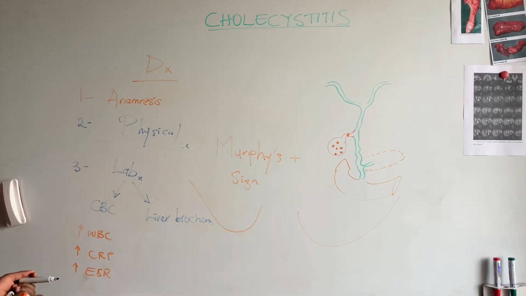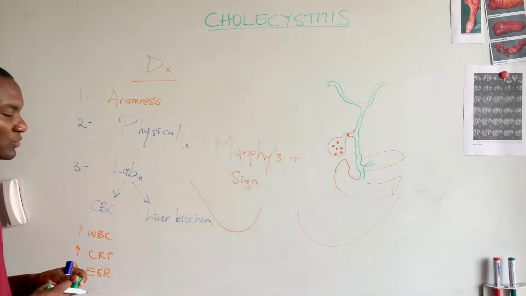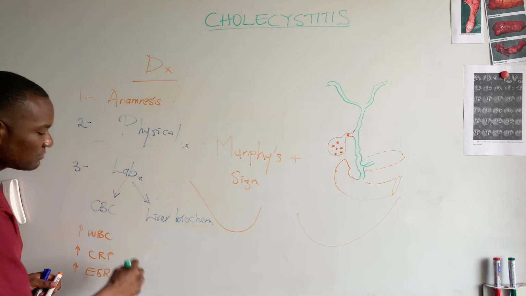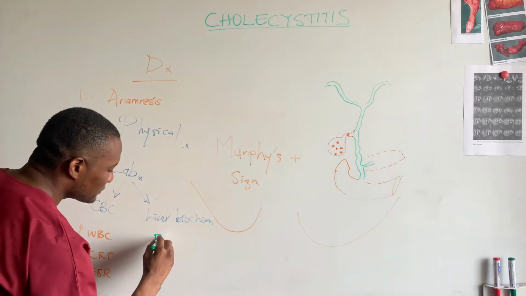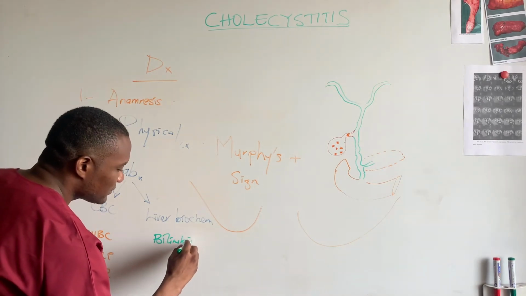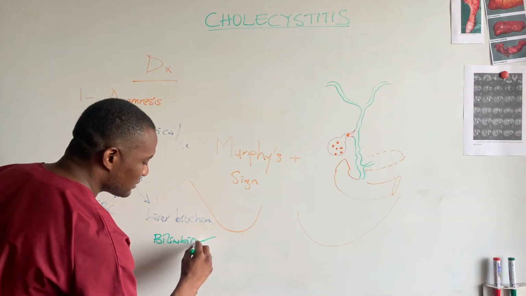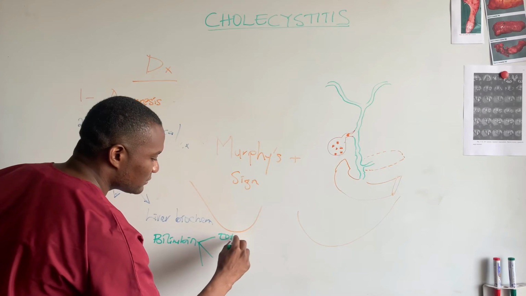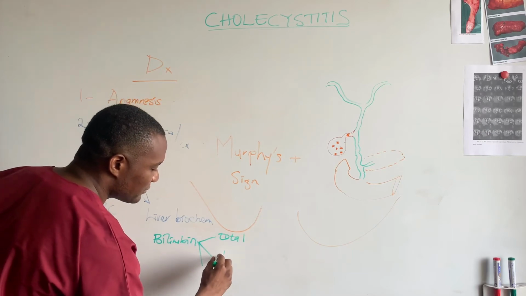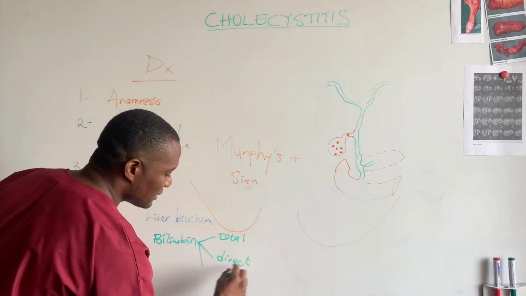And in your liver biochemistry, for patients with cholecystitis, we are very concerned about bilirubin. So bilirubin, we have the total bilirubin, we have the direct bilirubin, and the indirect.